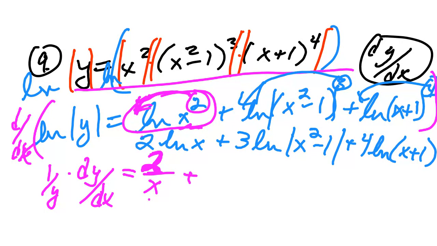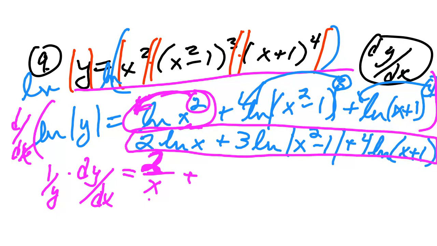And then the rest is pretty basic. Once again, I'm taking the derivative of the simplified version here. So this is 3 times what? Well, the derivative of the natural log is 1 over x squared minus 1. And then times the derivative of what's inside, well, that's 2x. So times 2x by the chain rule, right?